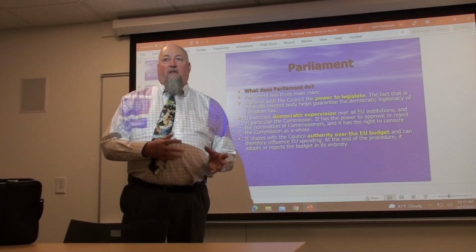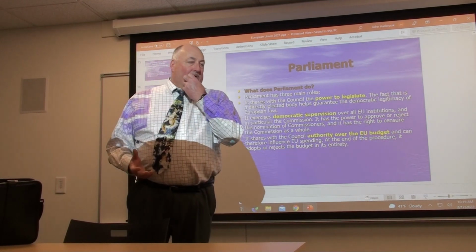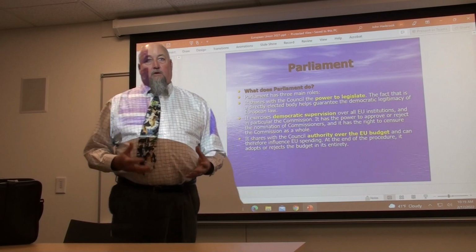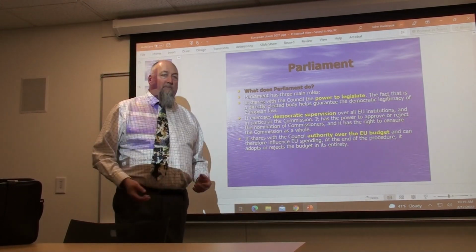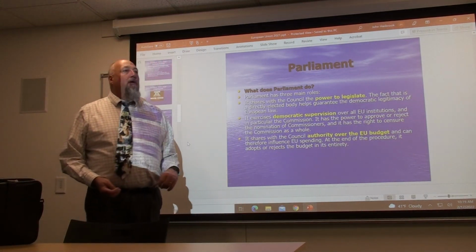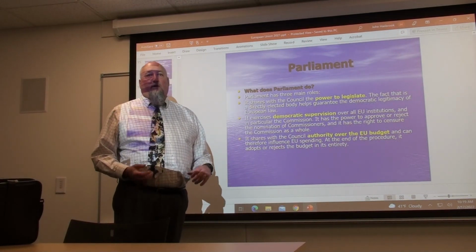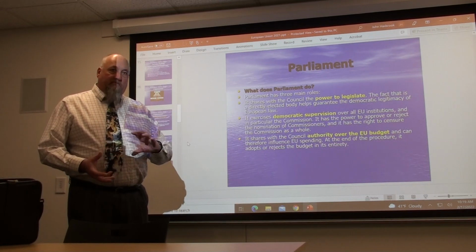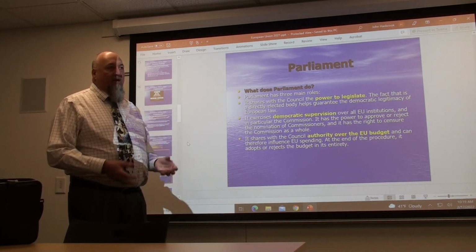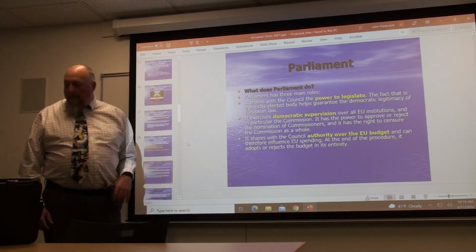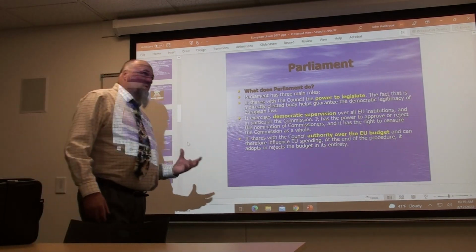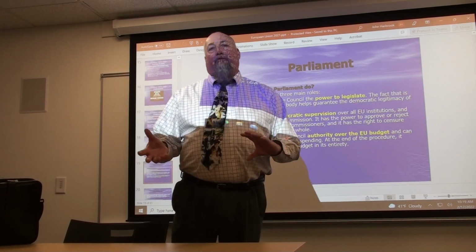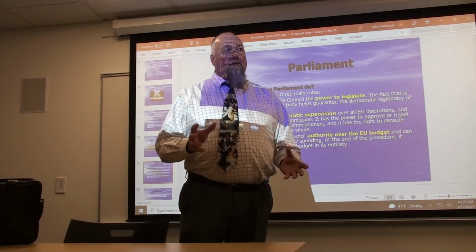Again, they say they're not a federal form of government, and that's true in the strict sense, but it really looks like one. On paper, you've got direct representative legislative power, you've got a judicial branch, you have enforcement agencies, so it really is another way of looking at a form of federal power. So if I ask you the test question, what's the difference between a federal form of government and the European Union?